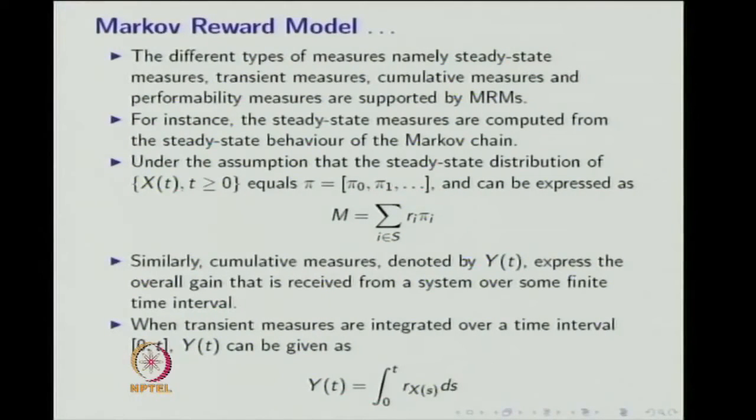The different types of measures, namely steady state measures, transient measures, cumulative measures and performability measures, are supported by Markov reward models. For instance, steady state measures are computed from the steady state behavior of the Markov chain.